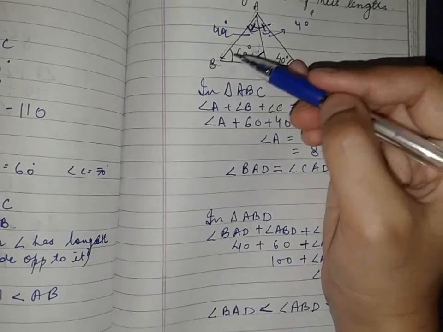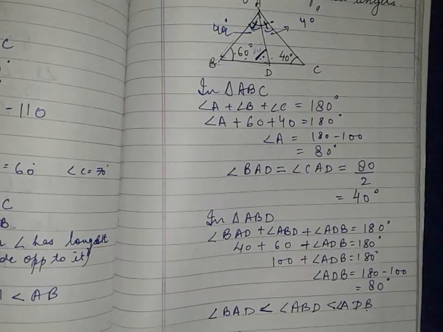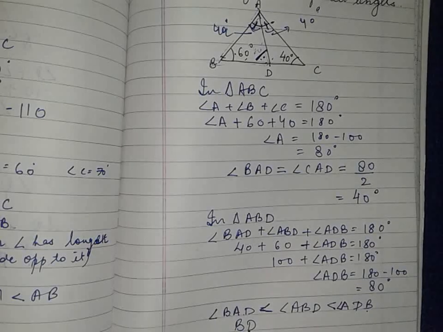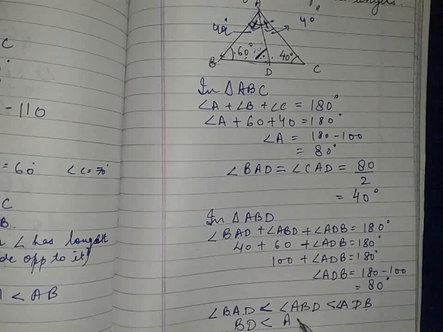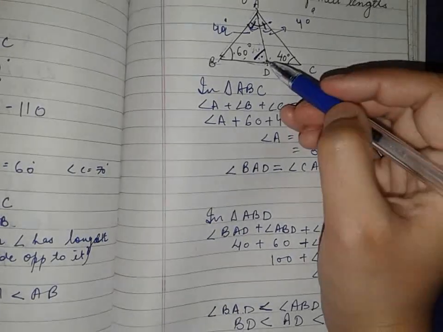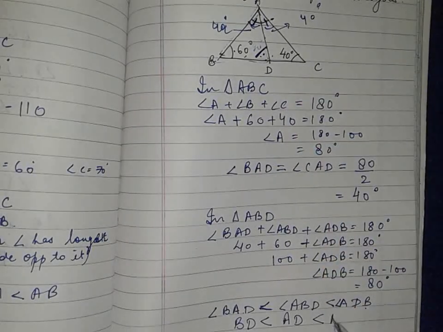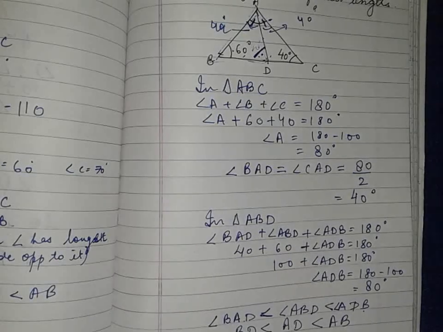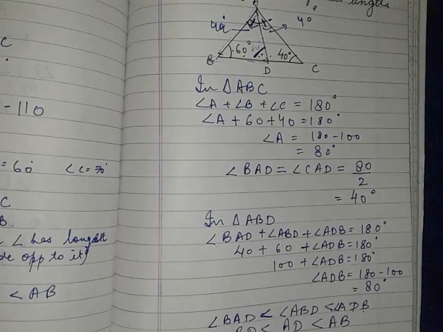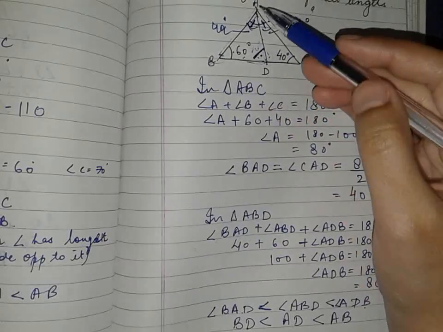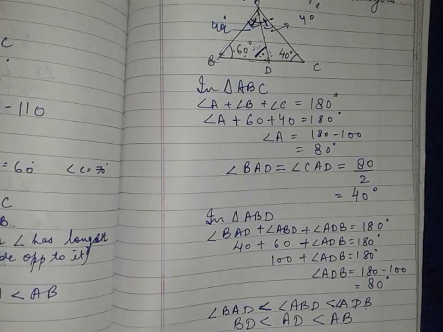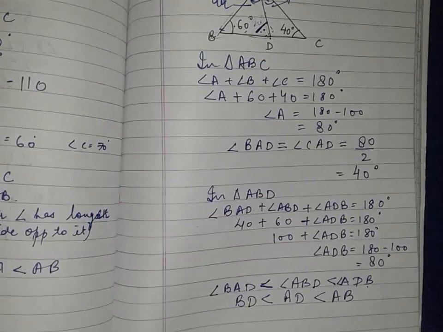Opposite to angle BAD is side BD, which is less than, opposite to angle ABD is side AD, which is less than, opposite to angle ADB is side AB. So BD is less than AD less than AB. BD, AD and AB, this we have arranged in ascending order.